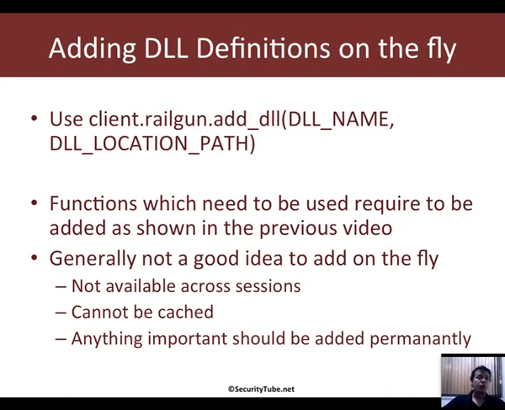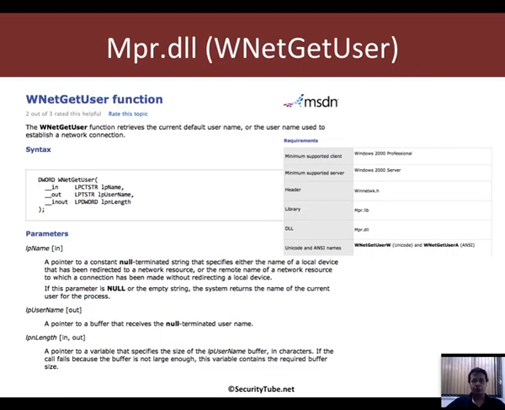Again, this would not be available across sessions, which means you would have to add the runtime DLL to every existing session, right? A lot of work. However, in this video, I'll show you how to do both tasks, which is add a runtime DLL definition, as well as how do you create a new definition file and add it permanently to the framework.